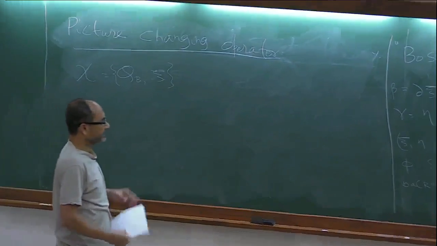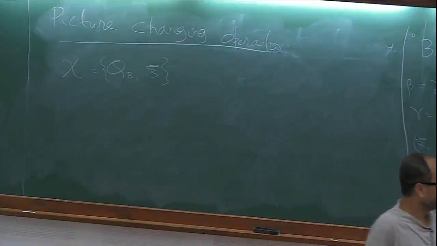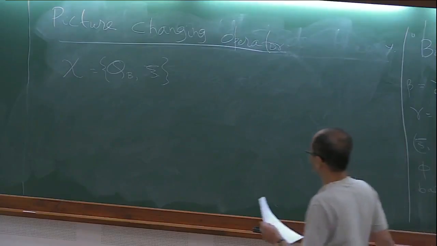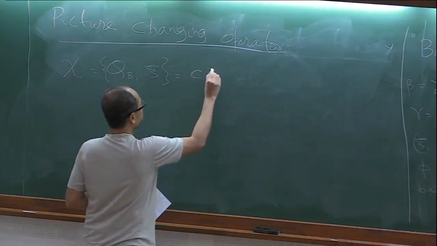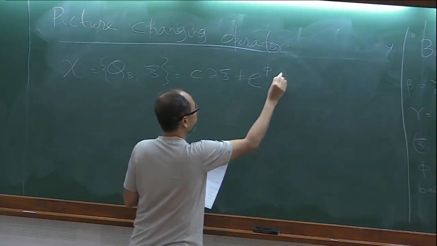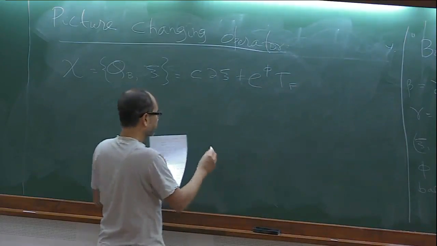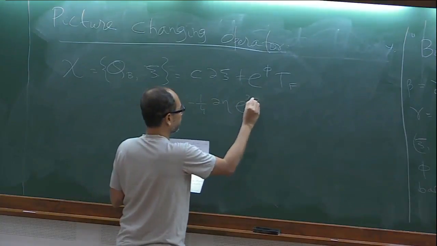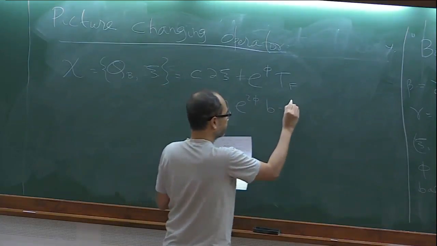Since I have explicitly given the expression for QB, you can evaluate it by looking at the operator product expansion of these with Xi and picking up the appropriate residue. And what one finds is that this is given by C del Xi plus e to the phi Tf minus 1/4 del eta e to the 2 phi b minus 1/4 del.